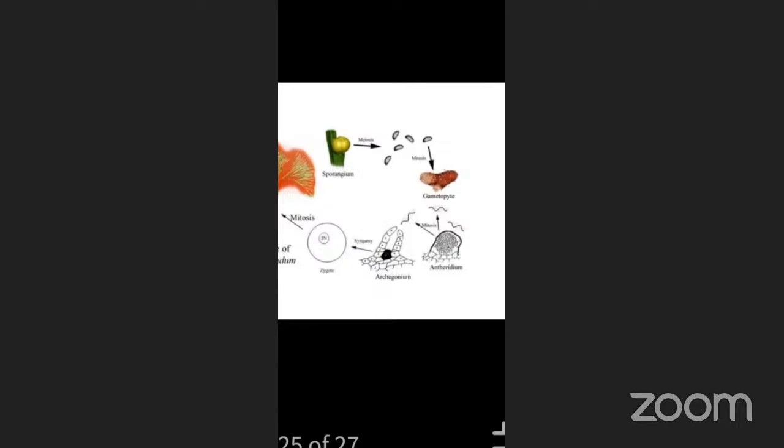The spores germinate in a favorable environment and give the prothallus. The prothallus bears the antheridia and archegonia, which produce the respective gametes, and they fuse to form the zygote. The zygote develops as an embryo, and the embryo develops into a young sporophyte. So this is the alternation of generations.